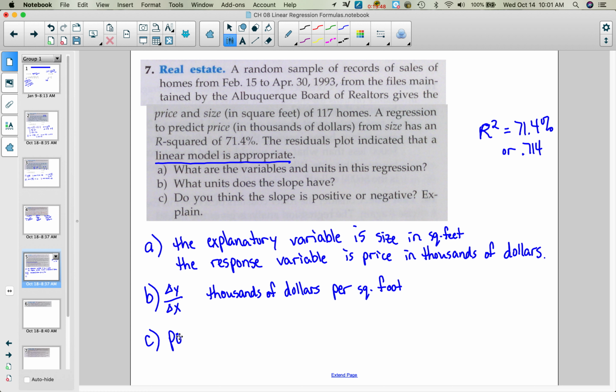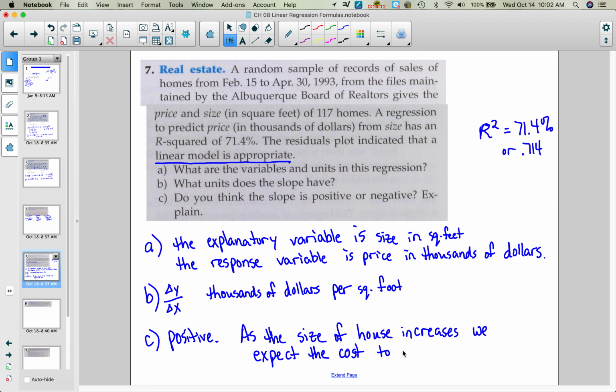So it's probably positive, as the size of house increases, we expect the cost to increase. Okay, so that takes care of number 7.